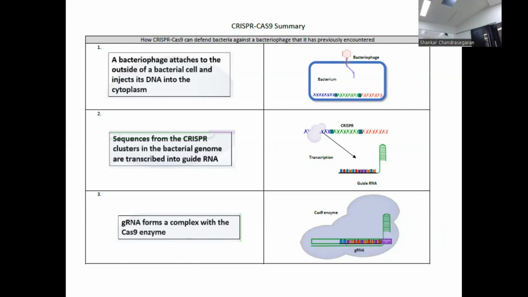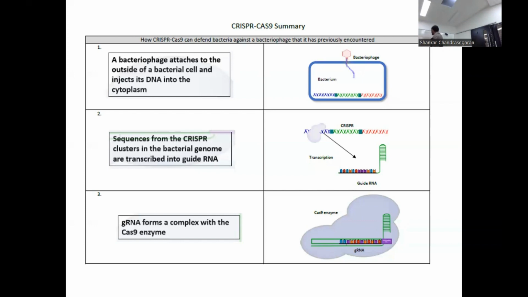Okay, using that guide RNA and also the Cas9 protein, they both will bind to each other, creating a CRISPR-Cas9 complex. And this is the tool that will actually go through each part of the cell looking for complementary DNA.